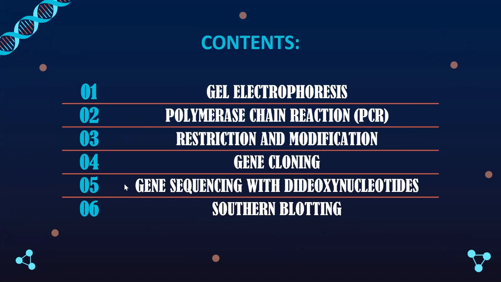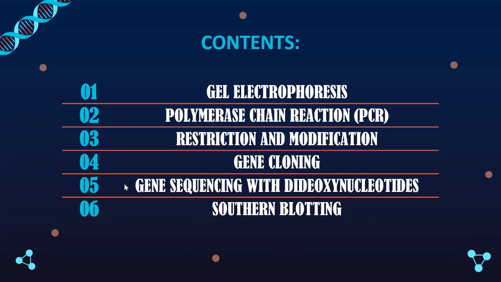Here are the topics or contents. First, we have gel electrophoresis, followed by PCR, or the polymerase chain reaction. Then we also have restriction and modification, gene cloning, gene sequencing with dideoxynucleotides, and lastly, Southern blotting.